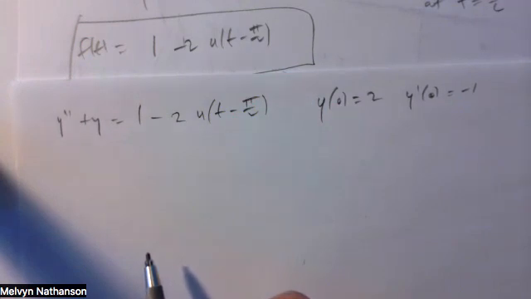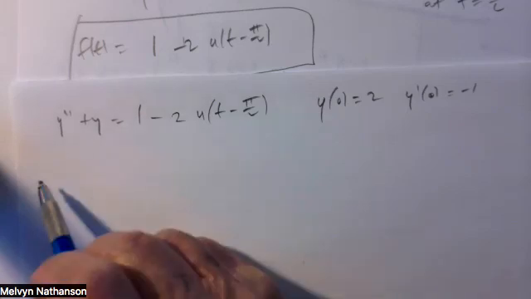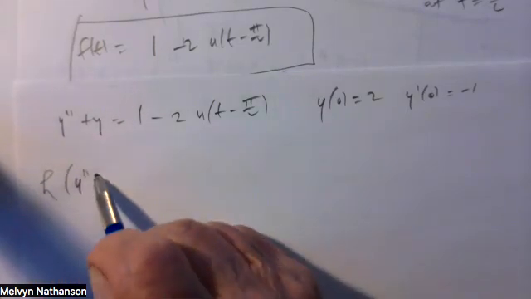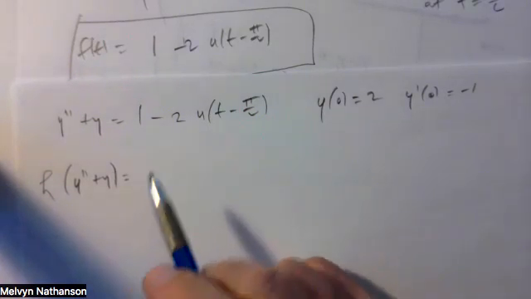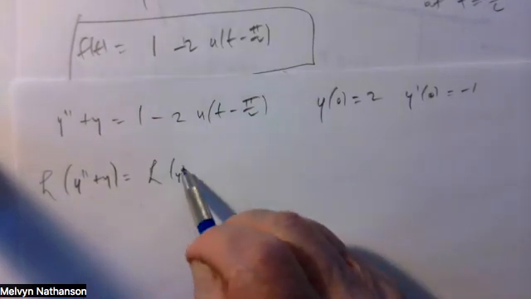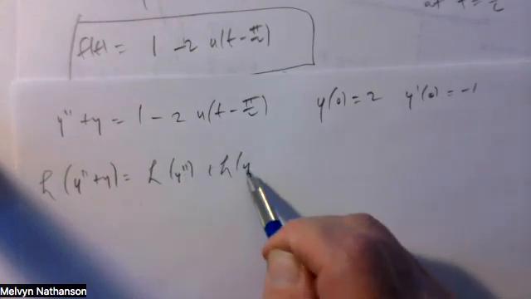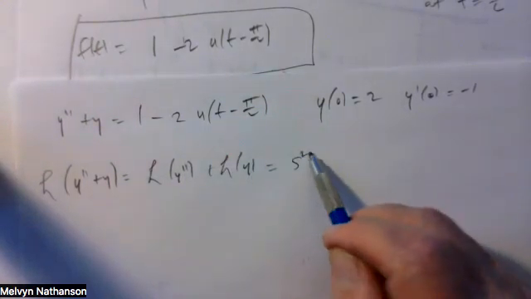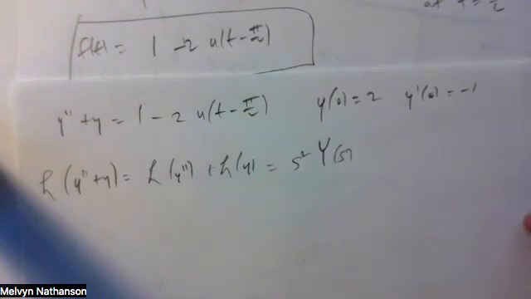So let me take the Laplace transform of y double prime plus y. Again, this is the Laplace transform of y double prime plus the Laplace transform of y. Capital Y of s is the Laplace transform of y.